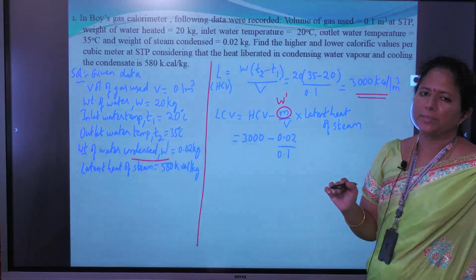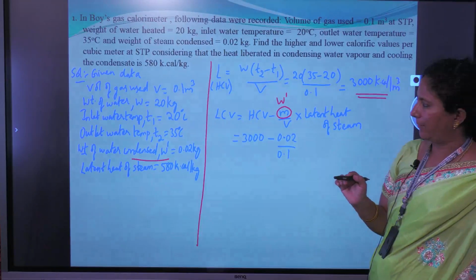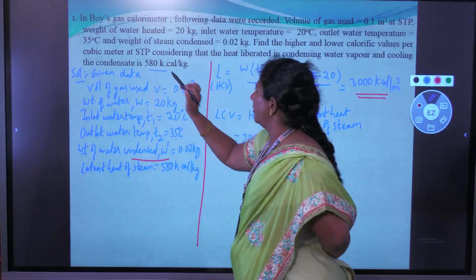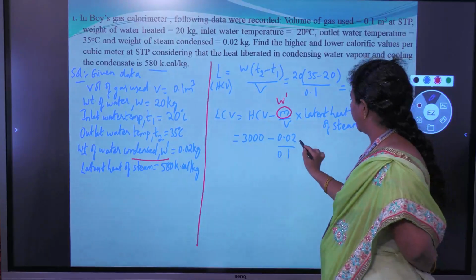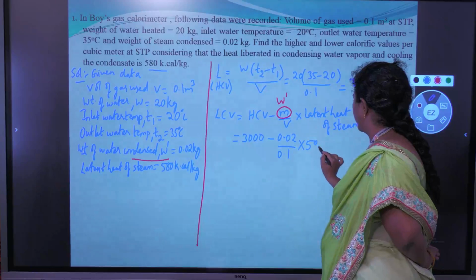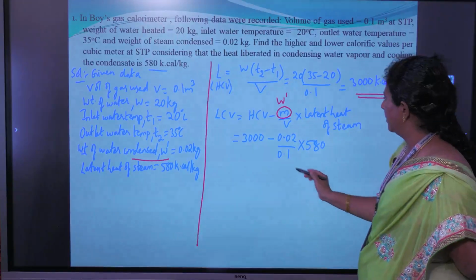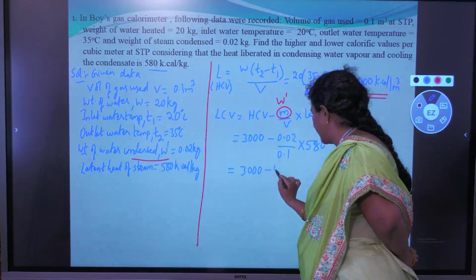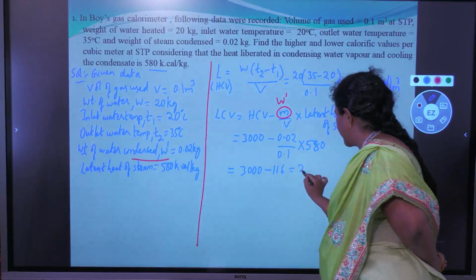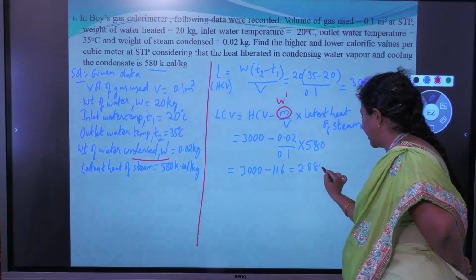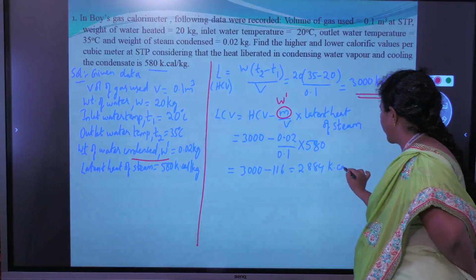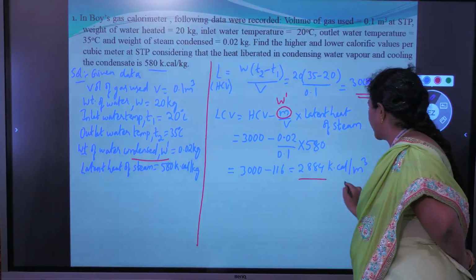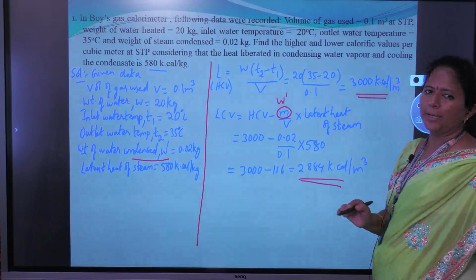Latent heat of steam in general we will be taking as 587 kilocalorie per kilogram, but it is given as 580 kilocalorie per kilogram for this fuel. Simplifying this, 3000 minus 116 is equal to 2884 kilocalorie per meter cube. So this is the lower calorific value of the given gaseous fuel.